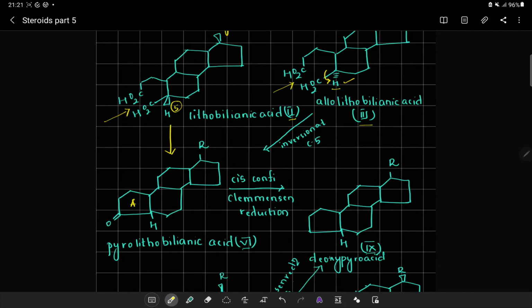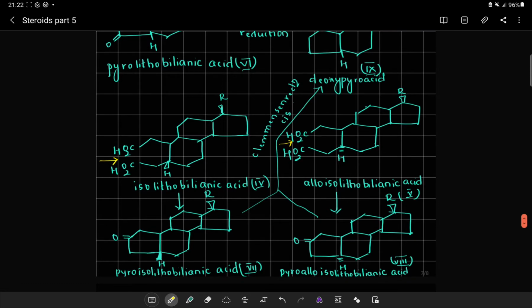It is also seen that because there is a loss of one carbon atom, it can be called a step down reaction. So this is the product that is synthesized from compound number 2 and 3.